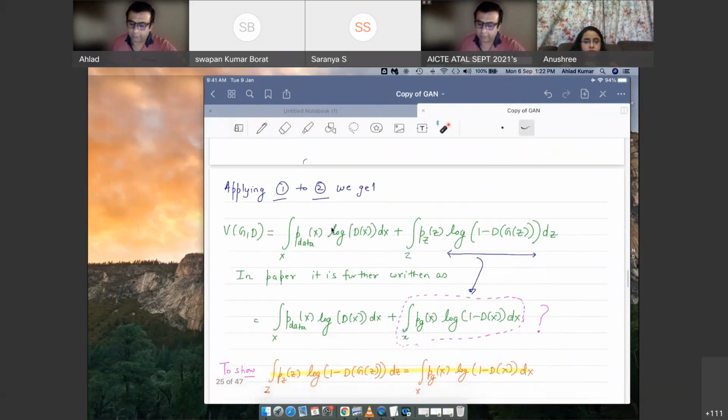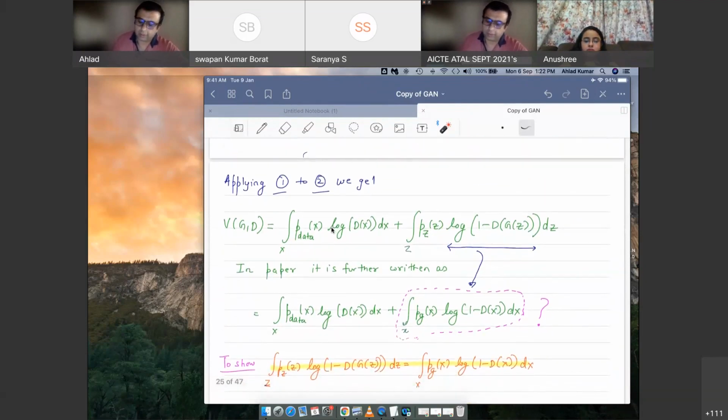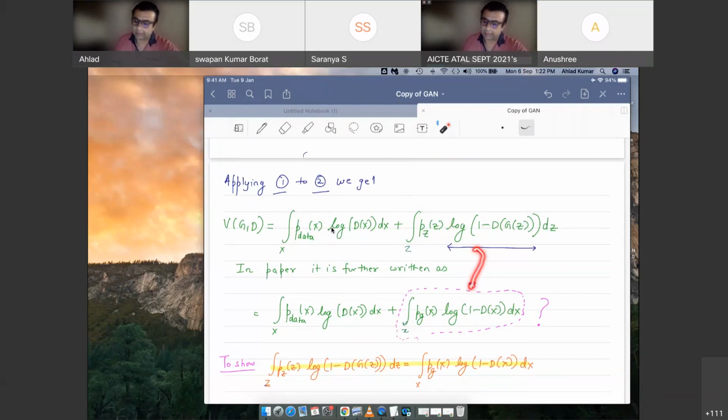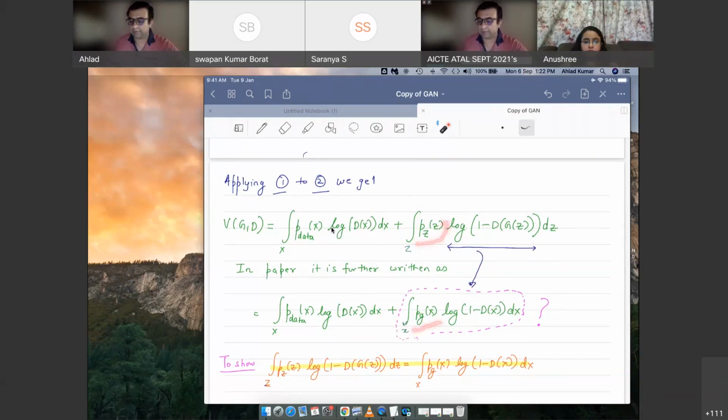So the important point that I want to discuss is that you cannot simply add these two integrals, because the distributions on the left and the right, p data of x and pg of z, are different, so you cannot club them together. But in the paper, what they have done is they have written pg of z as pg of x.